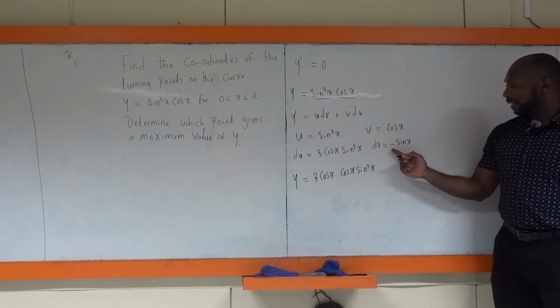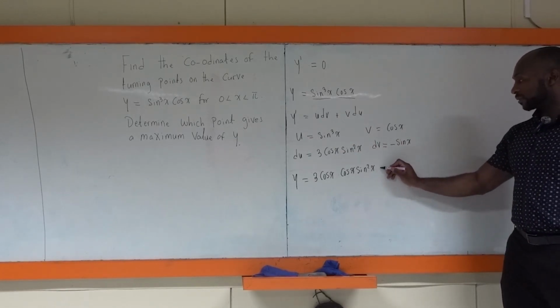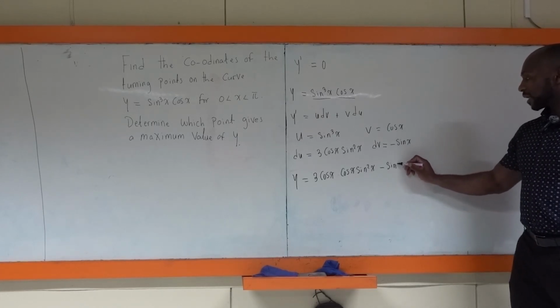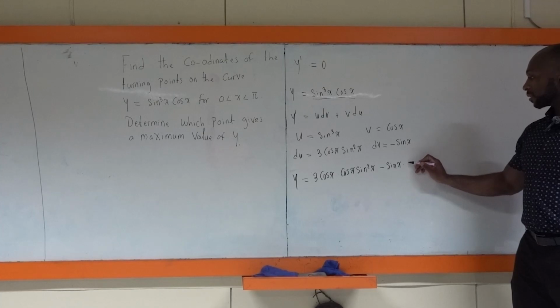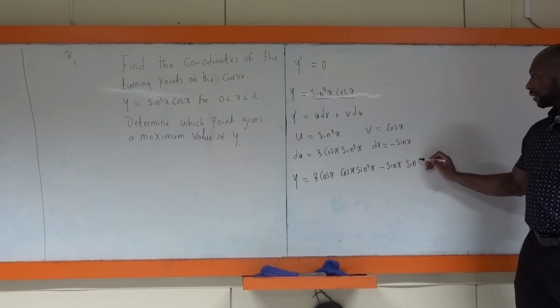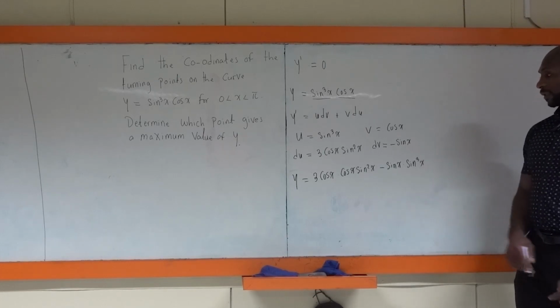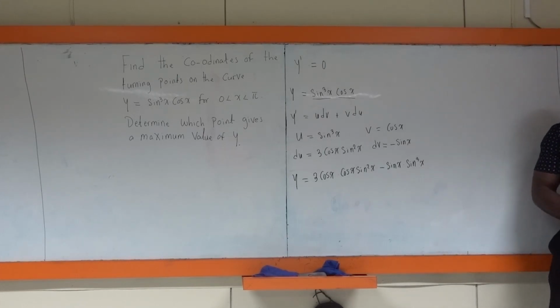So we know that plus and minus should be minus, so we just write negative sine of x times sine cubed of x there. So that is what we get.